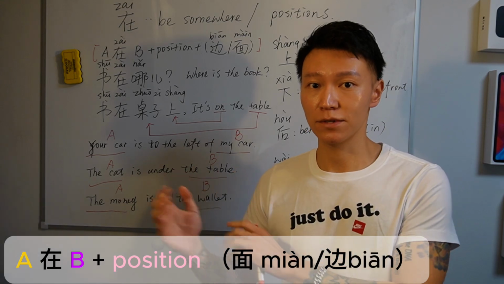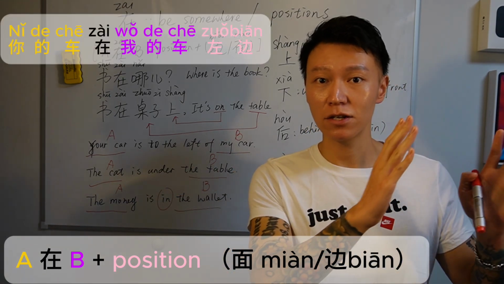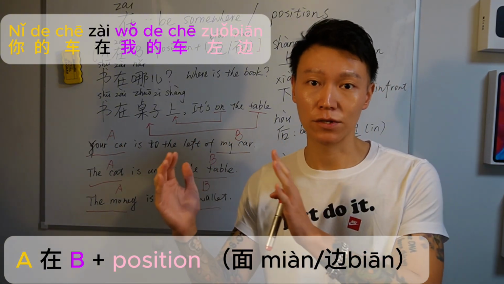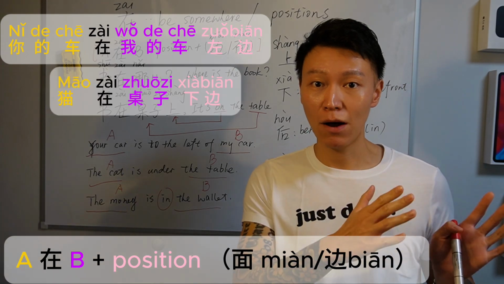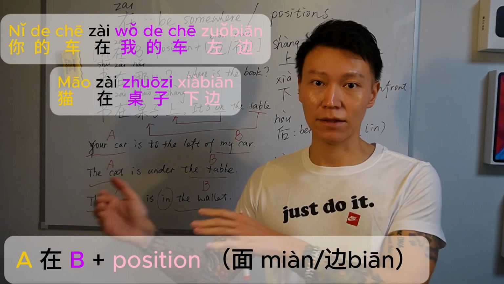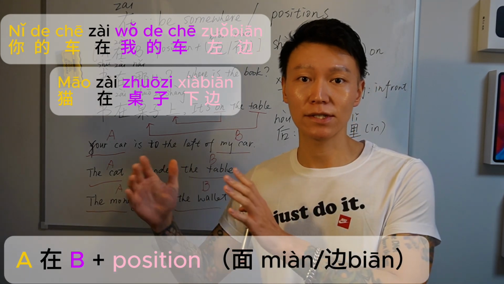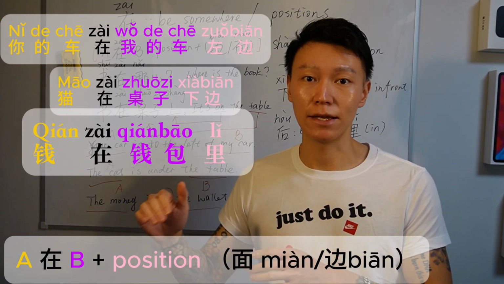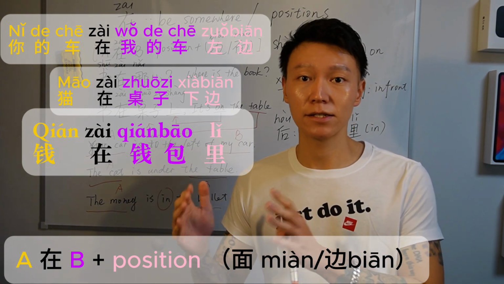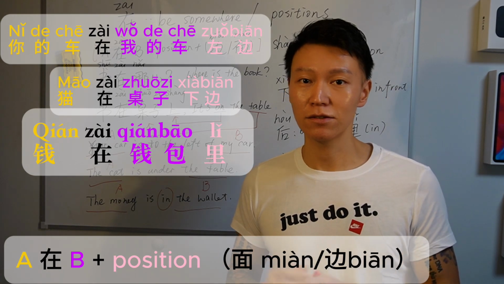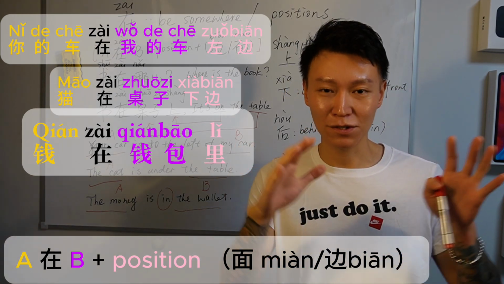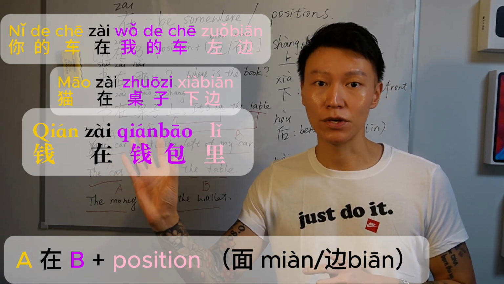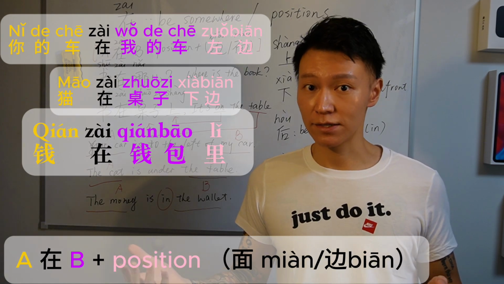So we can say 你的车在我的车左边。猫在桌子下边。钱在钱包里面。So just remember, first we have to put two things together connected by 在, and then at the end we use the position. Then you will have a correct Chinese sentence.